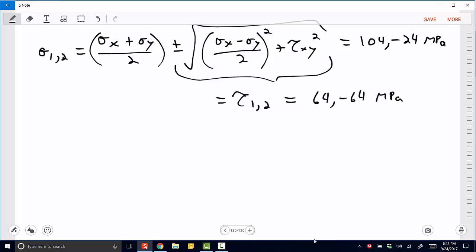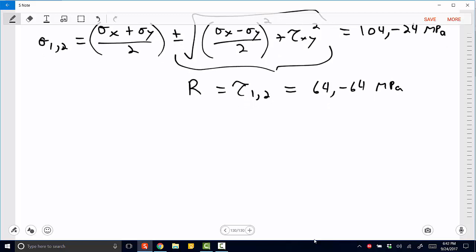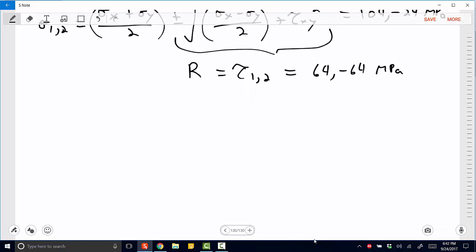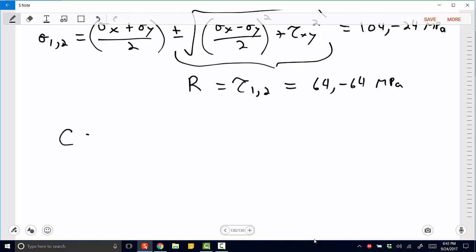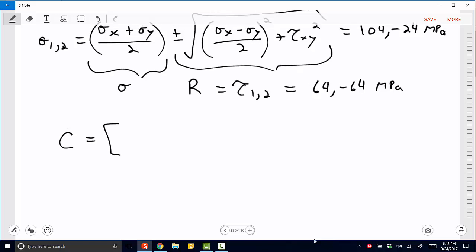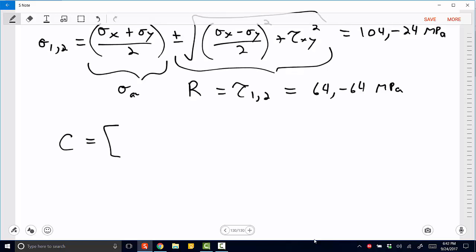Now the cool thing is that the extreme values of shear, the magnitude of those, is equal to what our radius is. And then our C, the center, is equal to the average stress, so the first term, on a zero value of shear, right?